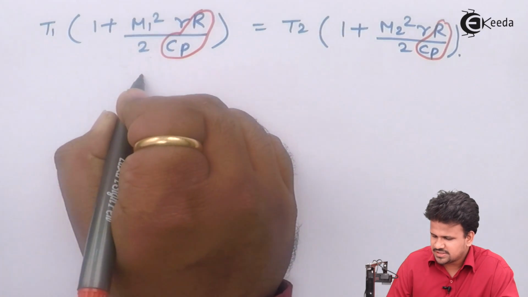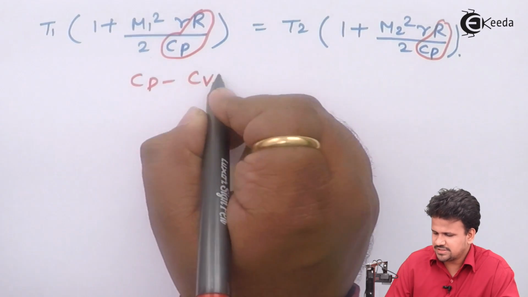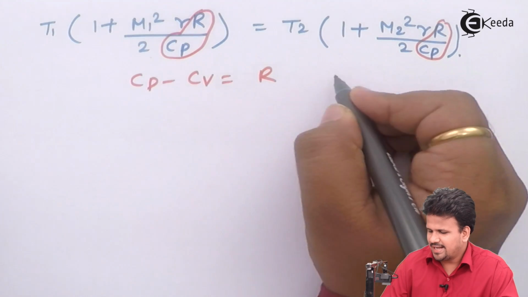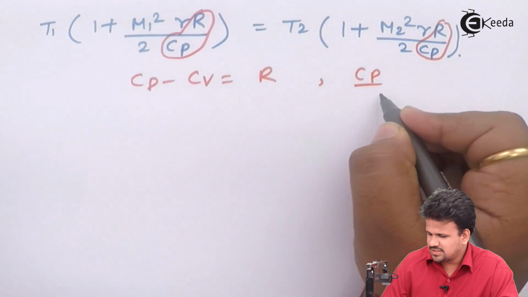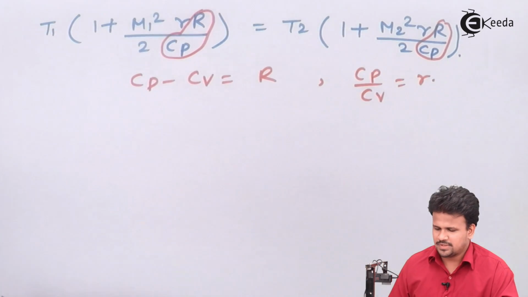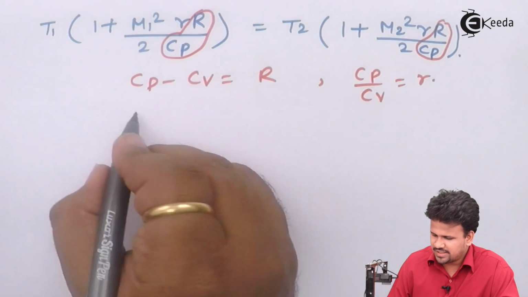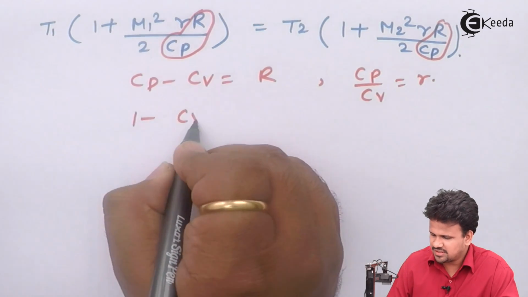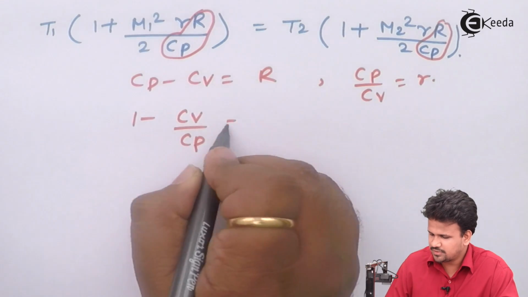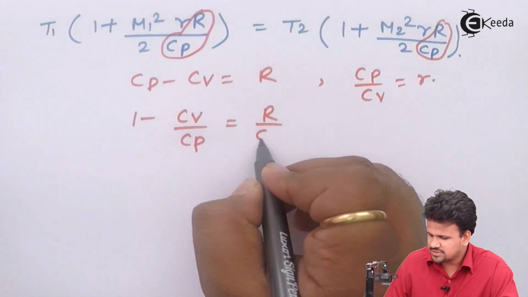We know that Cp minus Cv is equal to R and Cp by Cv is equal to gamma. So we can just divide this by Cp. So we get 1 minus Cv by Cp is equal to R upon Cp.